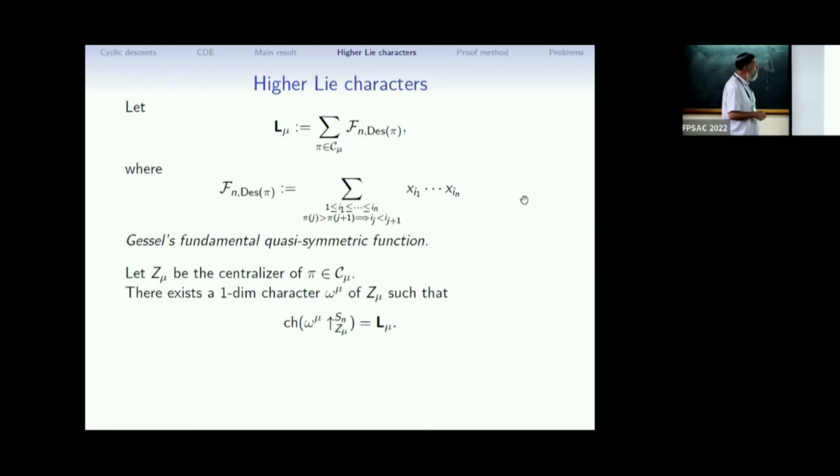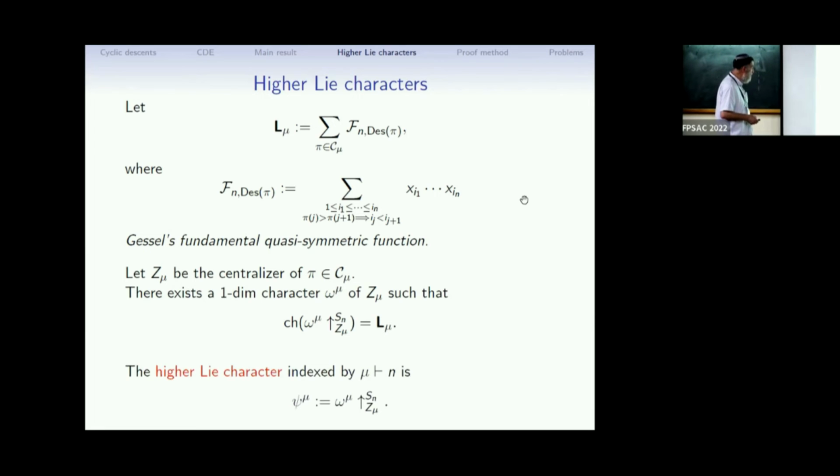So this is a Schur positive symmetric function, induced from one of the one-dimensional, primitive linear characters of the centralizer of an element of the symmetric group. And this is the representation, called the hierarchy character.